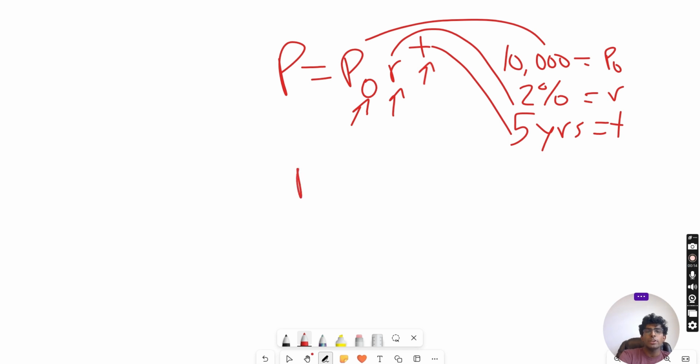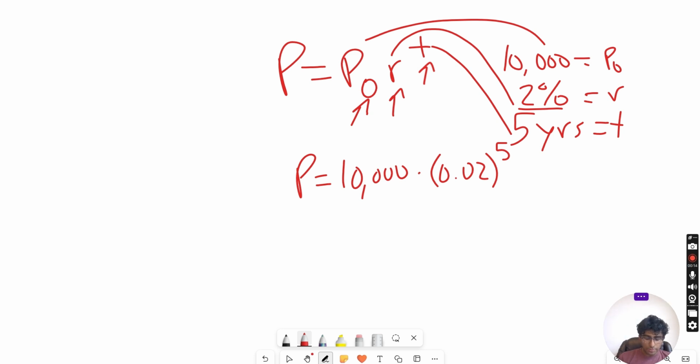So we're going to have P equals 10,000 times our rate, which is this as a decimal, 0.02. Remember, to convert from percentages to decimals, we're doing 2 divided by 100. So we get 0.02, and then we're raising it to the 5th power, since 5 is our time. So now it's just a question of using your calculator and coming up with the answer.